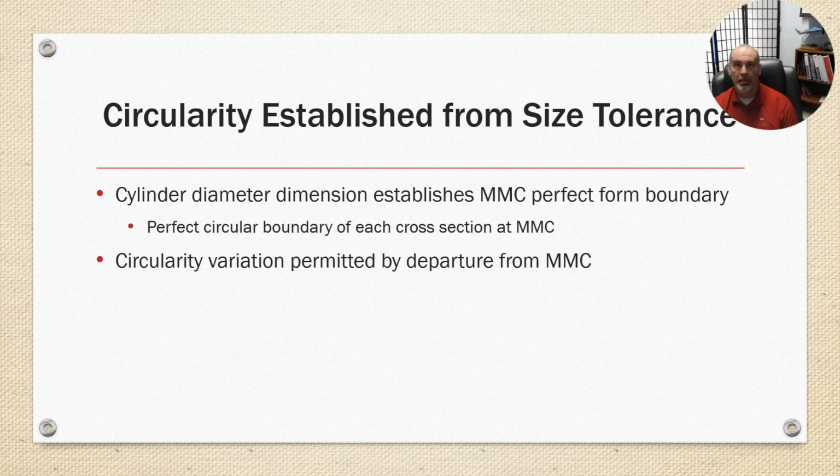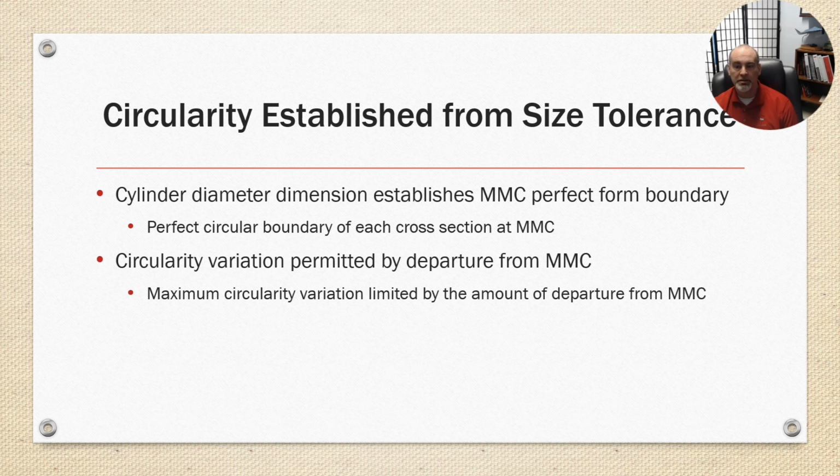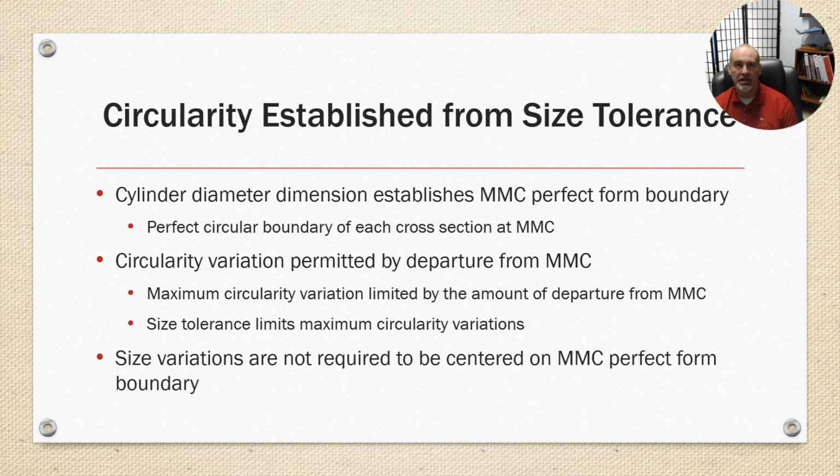And this size tolerance limits the maximum circularity variations. Size variations are not required to be centered on a perfect maximum material condition boundary.